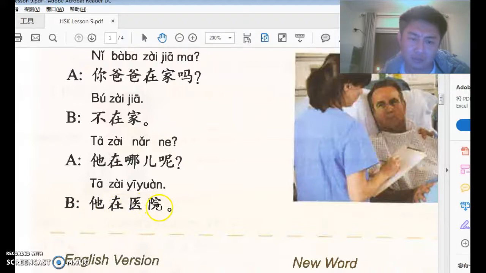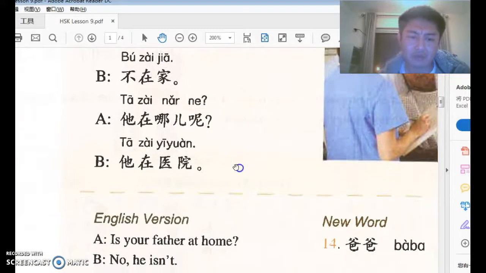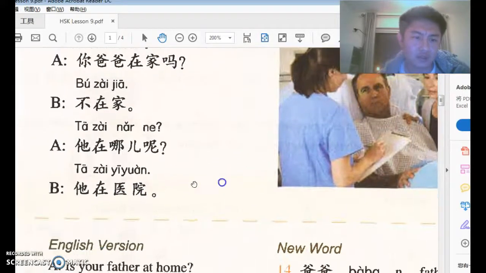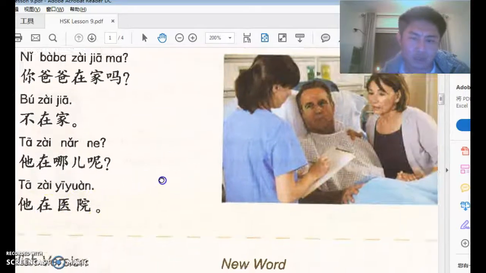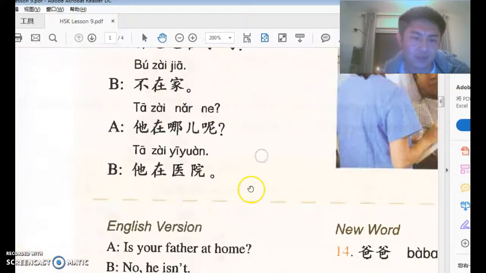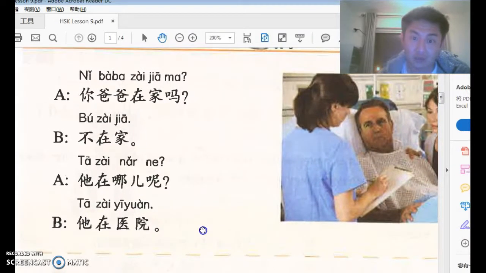He is in the hospital, right? And this can actually be confusing. 他在医院 could be he's in the hospital as a patient, or as a doctor, or as the patient's wife, right? He's just in the place of the hospital. I think in English it's different. If you say somebody is in the hospital, it means he's a patient being diagnosed or treated.